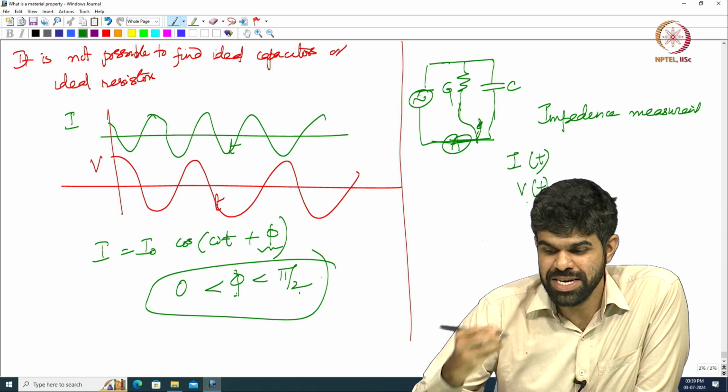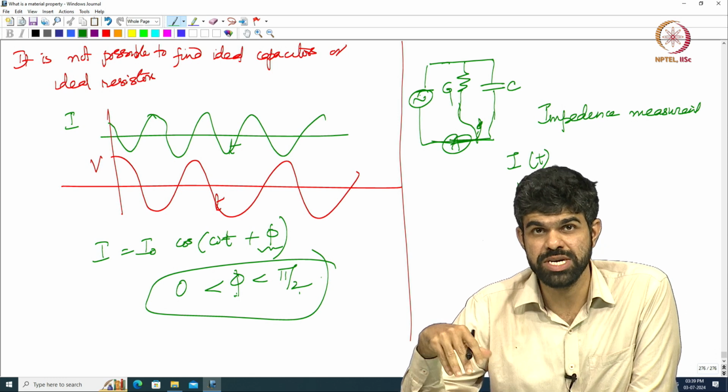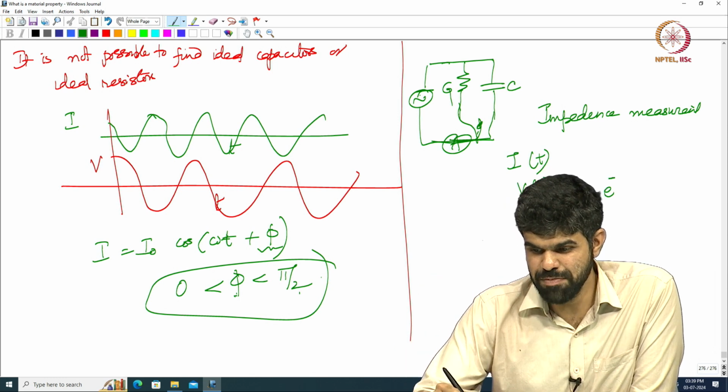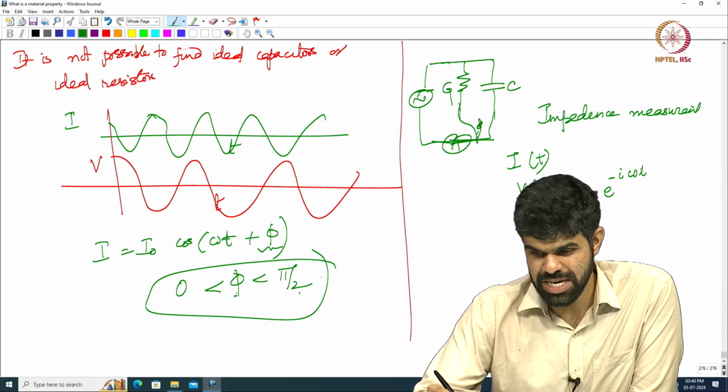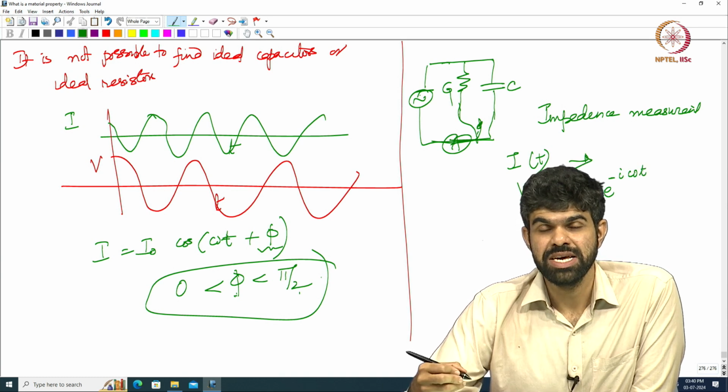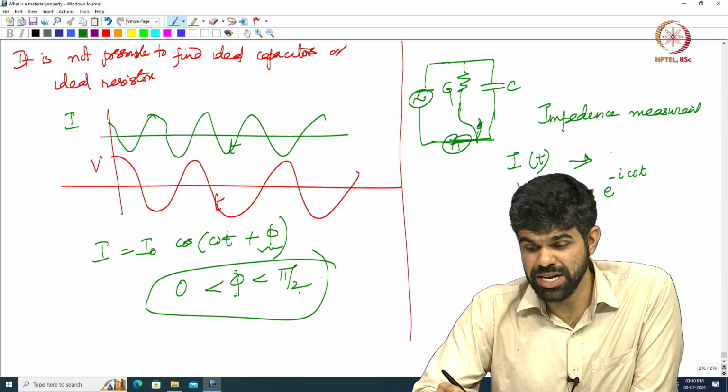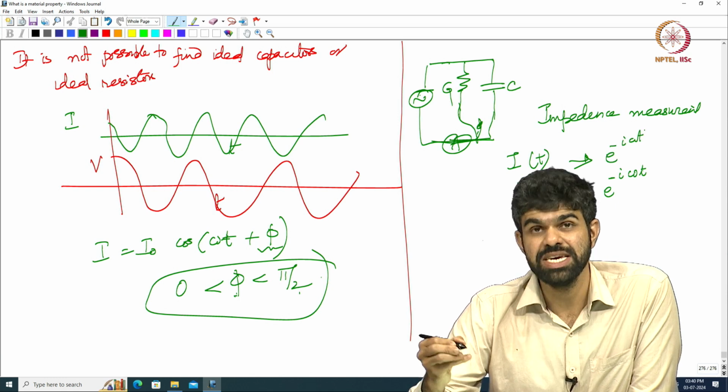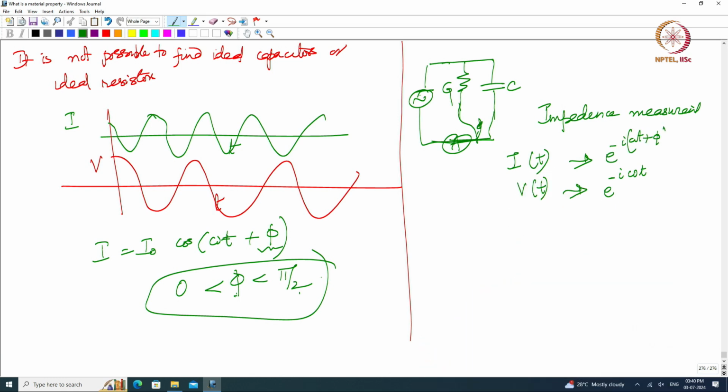Now I am going to change to a complex notation: your voltage is varying as e power minus i omega t, whereas your current that you are measuring is actually going to vary as e power minus i omega t plus some phase difference. Now, this phase difference tells me the value of capacitance and the value of G. Depending on the value of G and C, I can adjust this phase difference, so based on that I can estimate the conductance and the capacitance.